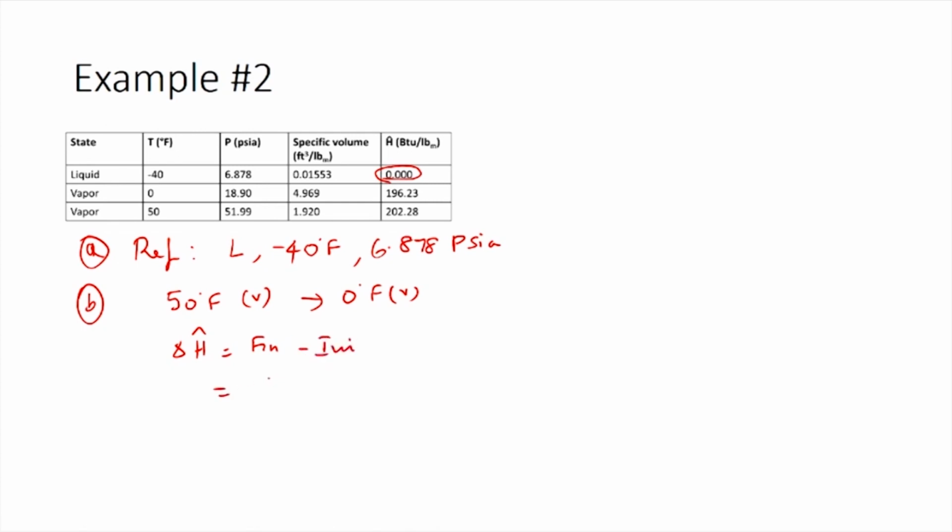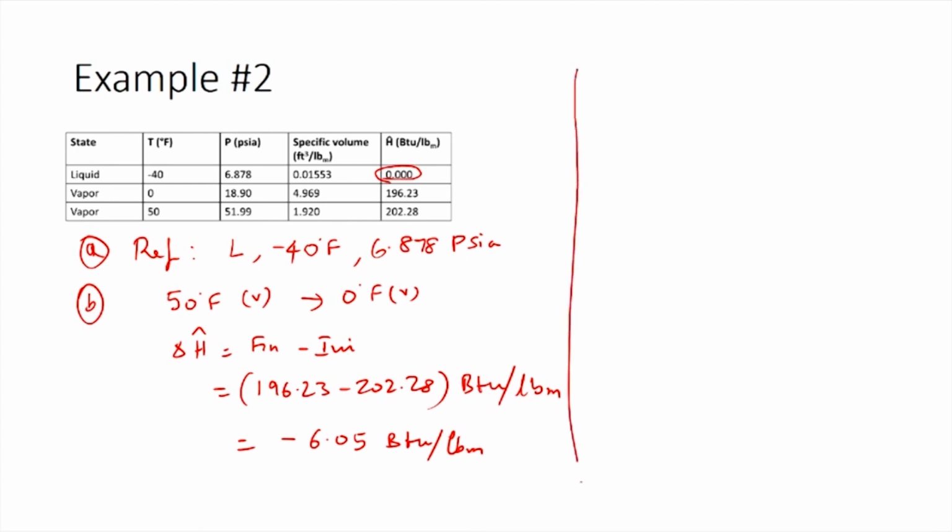So, this would be 196.23 minus 202.28 BTU per pound mass. So, this gives you a value of minus 6.05 BTU per pound mass. So, this is the change in specific enthalpy for the process where the vapor is cooled from 50 degree Fahrenheit to 0 degree Fahrenheit.